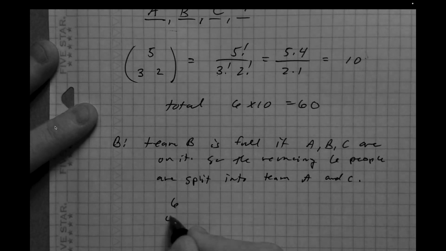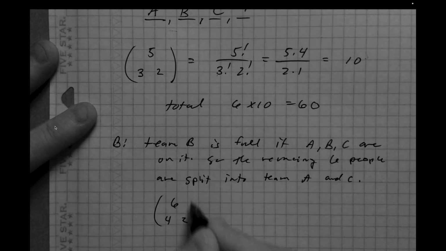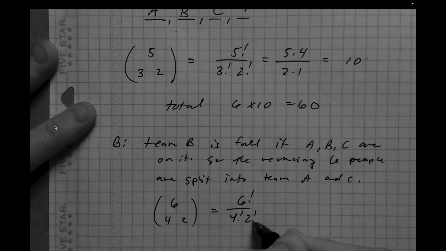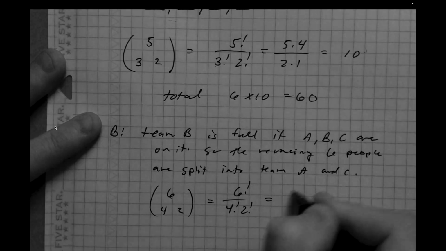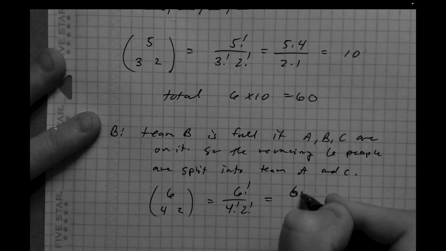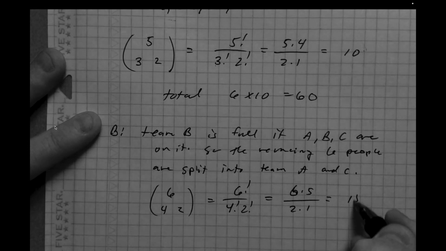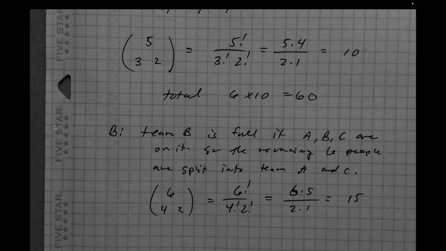That's just 6, 4, 2, which is 6 factorial over 4 factorial times 2 factorial. So this is just 6 times 5 over 2 times 1, and so that's 15. So there's 15 ways that Alice, Bob, and Carol can be on team B.